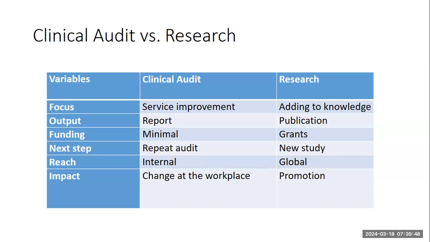That is what you are trying to aim at in research. You want to find out new things. But in a clinical audit, you just want to look at the outcome or how you make an improvement on your existing standard, comparing your practice to a well-established standard.